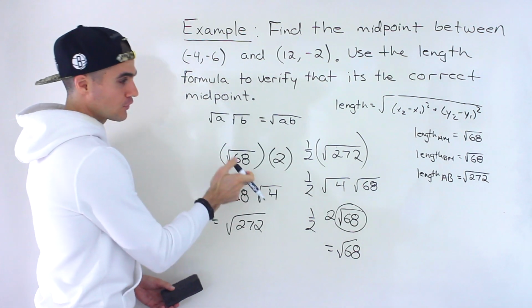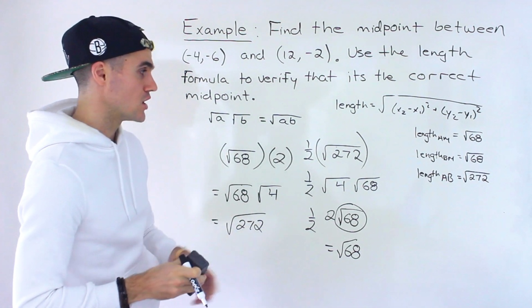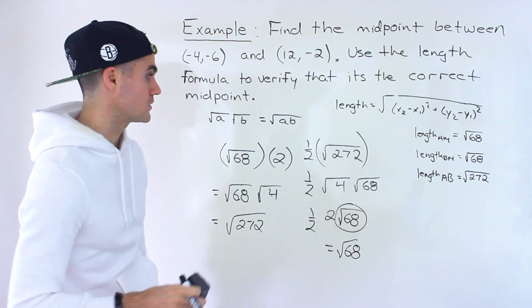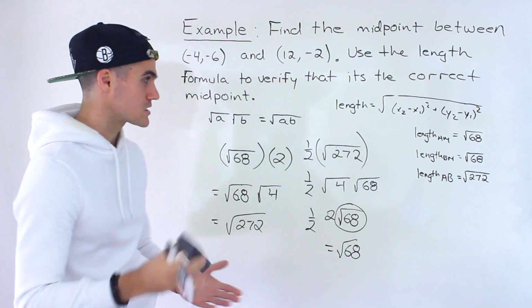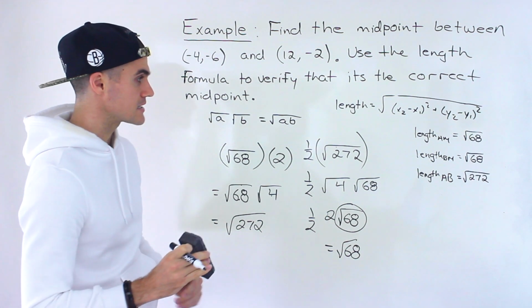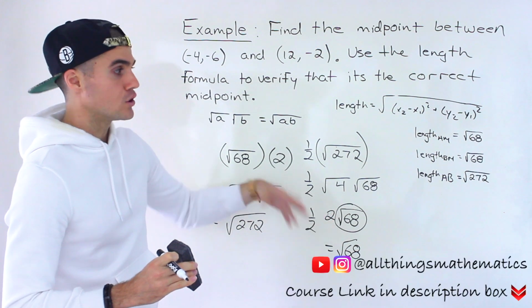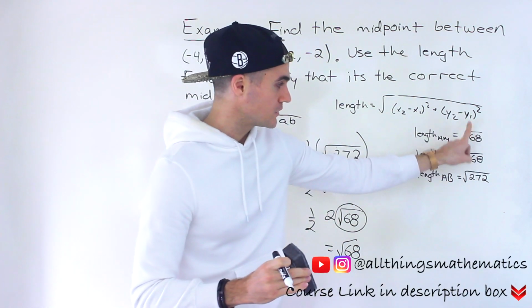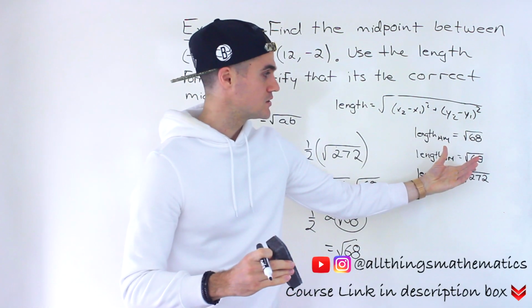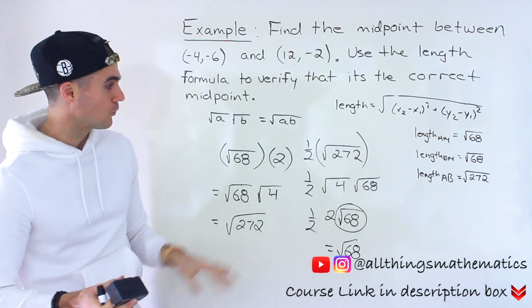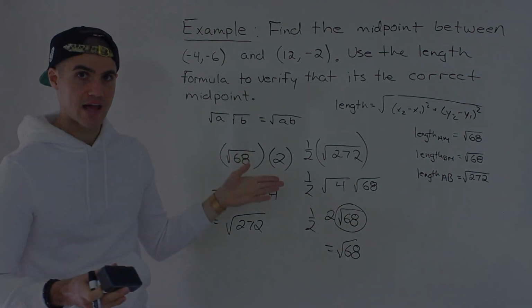Personally, I prefer this way, but this is another way that it might be shown in your textbook, or your teacher might show it this way. So multiple ways to go about it, but that's the process of verifying it in all scenarios, whether you're going to just verify with the decimals, which is the easiest way to do it, but your teacher, again, may expect you to be able to work with these square root exact values.